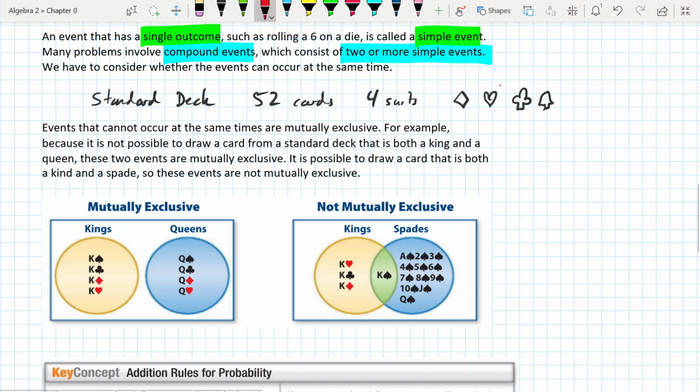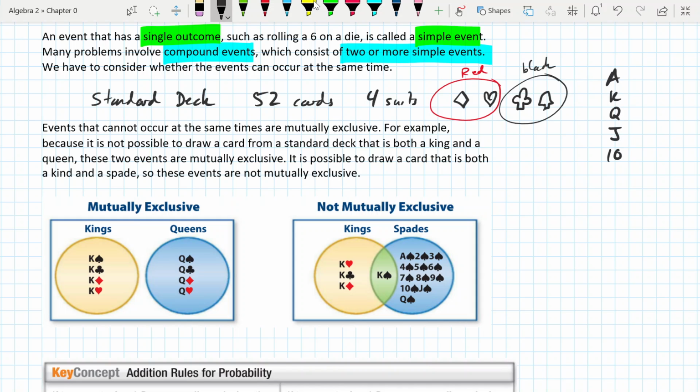The hearts and the diamonds are red, and the clubs and the spades are black. And you have ace, king, queen, jack, 10 through 2. And those are different cards, and there's 13 cards in each suit. So those are all the stats that you basically need to know.